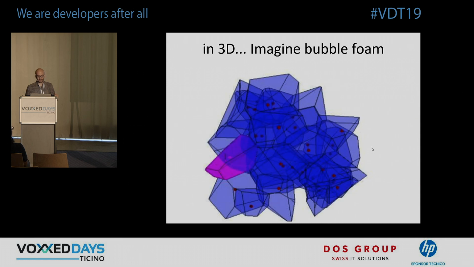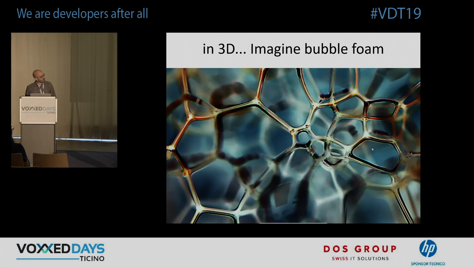And when you have 3 features, you have to imagine the points in 3D, and all of those cells become these 3D shapes, which actually look a lot like bubbles, right? In a foam, when there are many bubbles, they form in space a structure like this. So in a case like this, instead of having a curve on a plane, you will have a surface that in general is made up by many facets.